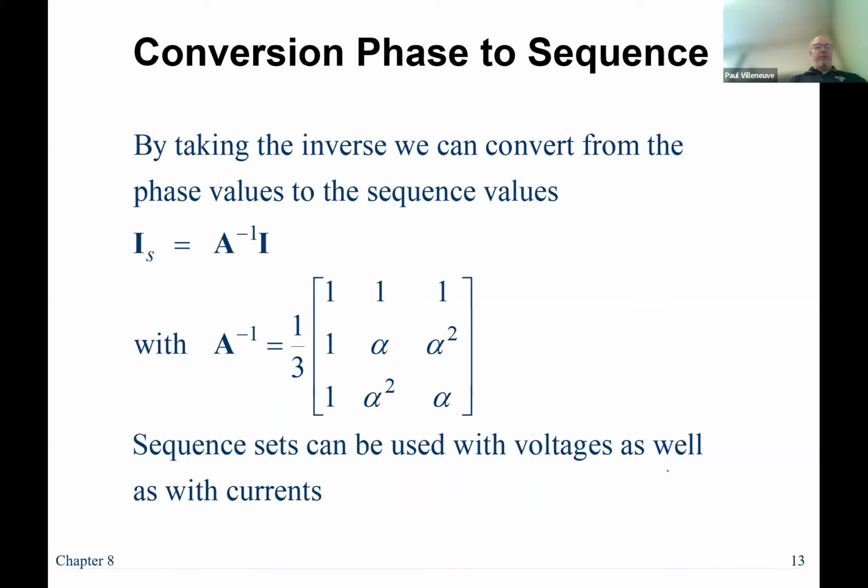So I can go back and forth just by using linear algebra, right? I can go from phase components to symmetrical components, or from symmetrical components to phase components. And my A matrix, if you invert it, this is the A inverse matrix. This is not a new matrix. It's just the inverse of A. So if you plug that into your calculator, you're going to get the 1/3 multiplied by all those terms.